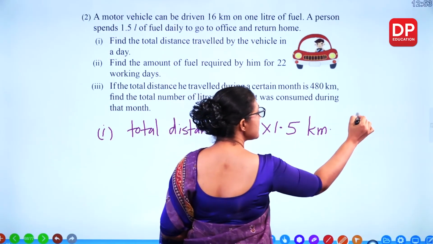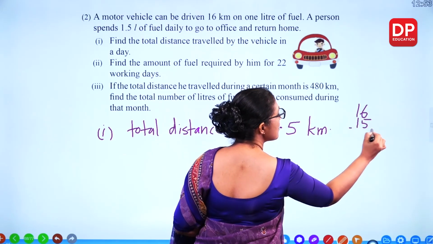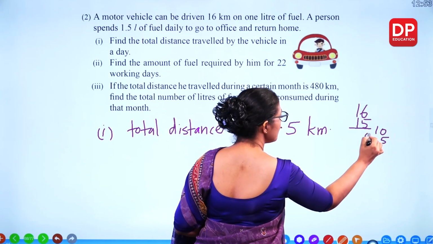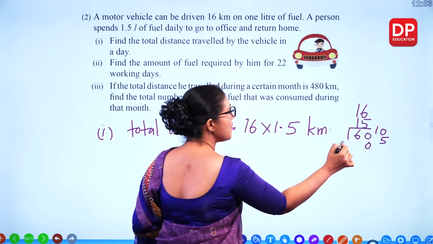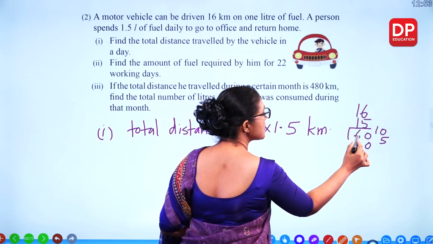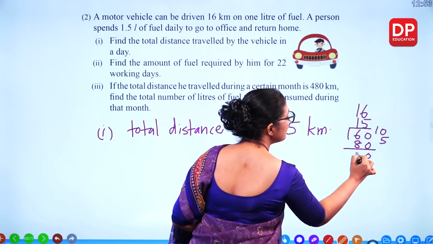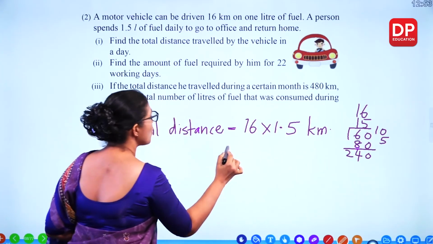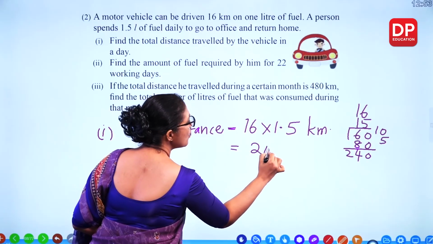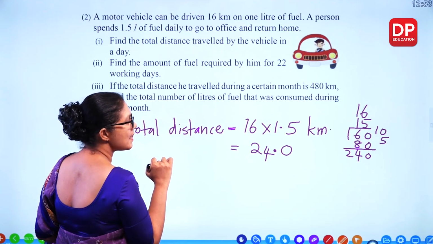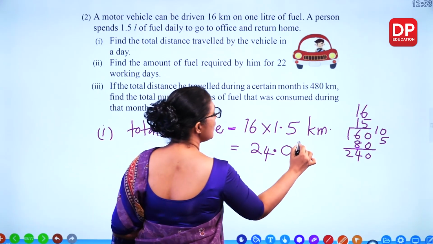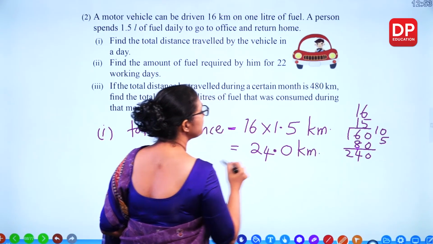So we'll multiply 16 by 15, 10 and 5. 5 times 6, 30. 3 remaining. 5 times 1, 5 plus 3, 8. So 240. But we have to keep a decimal point here. So 1 place there, 24 kilometers altogether.